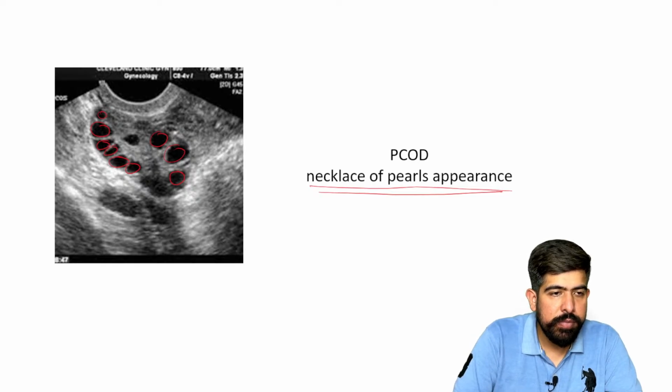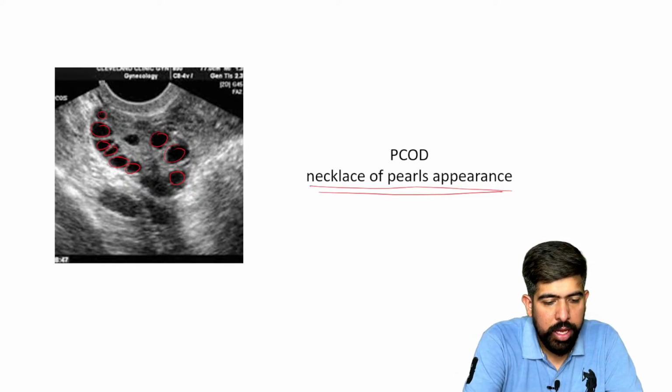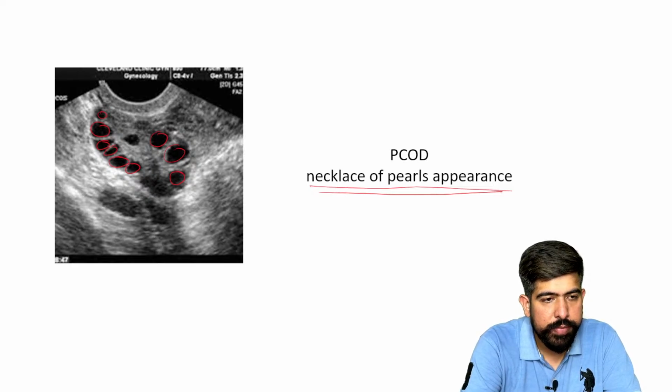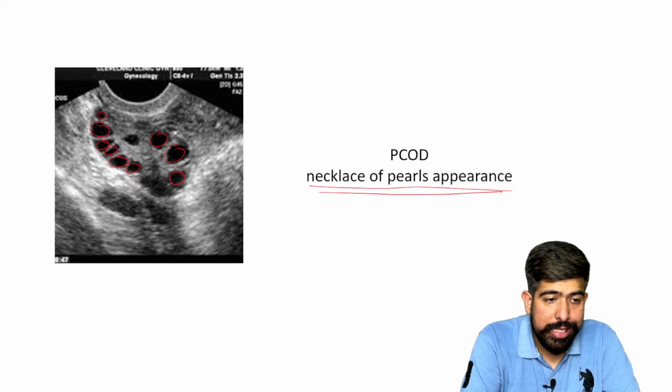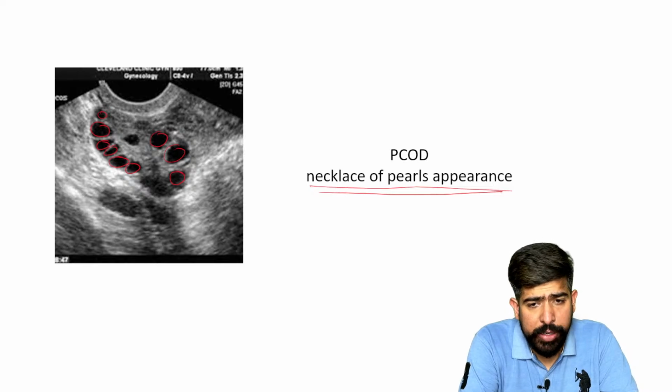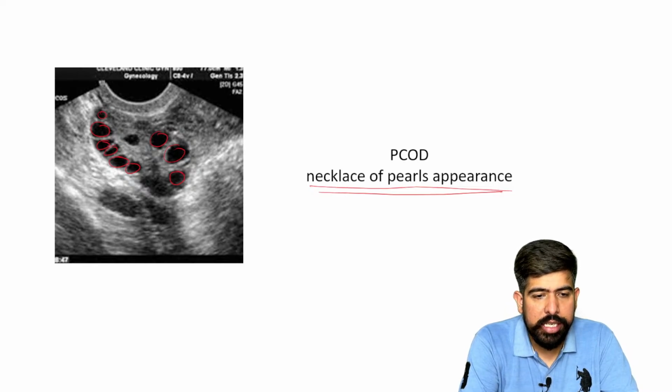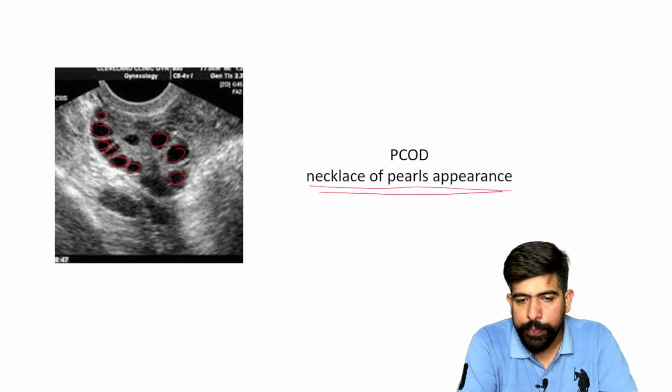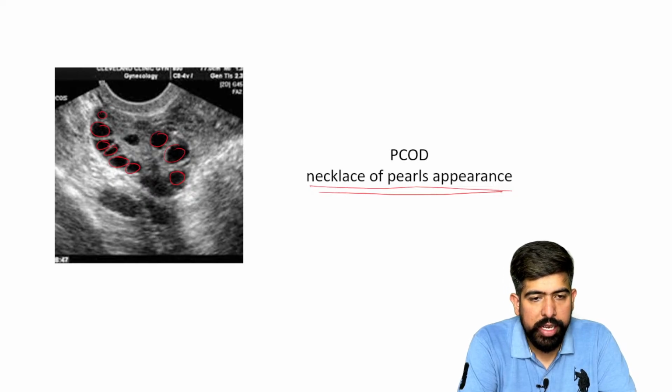Now, just a minute, I will compare it with ovarian hyperstimulation syndrome. The classical picture is also seen over there. Don't be confused between ovarian hyperstimulation and PCOD. Both seem totally different.